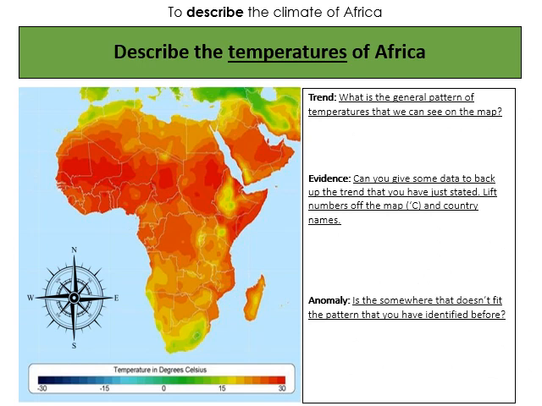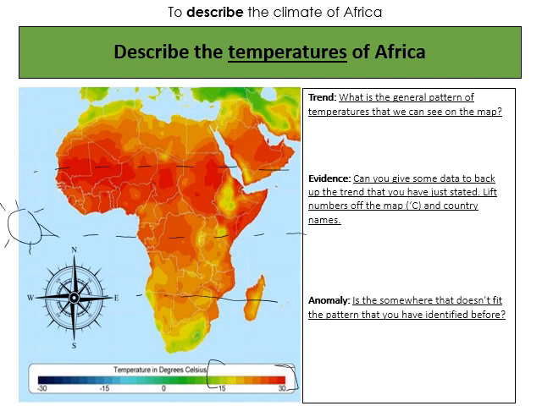Then you do the same thing for temperatures. Now you'll notice that the temperatures is a little bit different because they generally all fall between this 15 to 30 degree range, and that is because Africa falls right along the equator and also the Tropic of Cancer and the Tropic of Capricorn, which is where the sun's rays are the most concentrated.